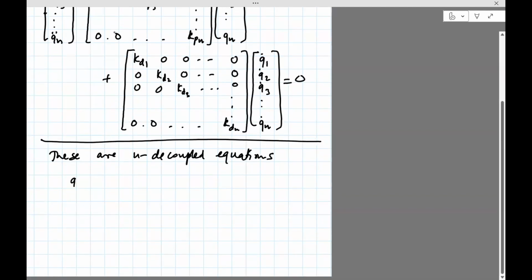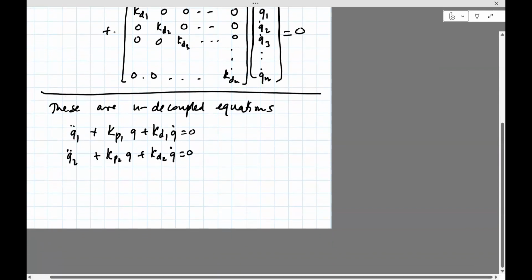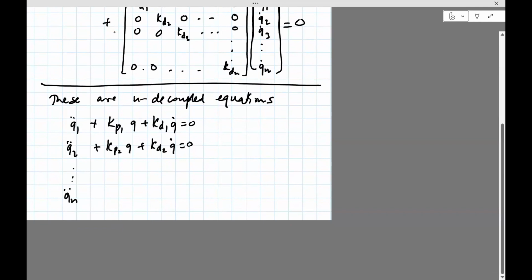They will look like this: Q1 double dot plus KP1Q plus KD1 Q dot equals 0, Q2 double dot plus KP2Q plus KD2 Q dot equals 0, and it just keeps going till Qn double dot plus KPnQ plus KDnQ dot equals 0.